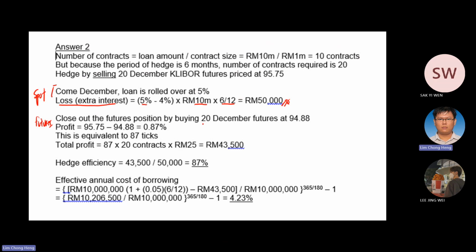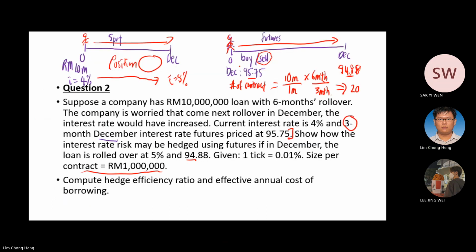Then your future market. In your future market, you need to buy back the contract. More than 99% of future contracts, not 99, the book says 98, some people say 95, so the majority of contracts will close their position.